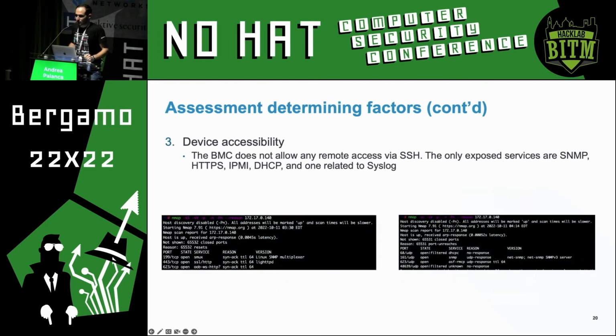The only exposed services are basically SNMP, HTTPS, IPMI, DHCP, and an unrecognized one which turned out to be systemd related. This means that either we proceed with a static analysis only, or we try to find an alternative way to dynamically debug the device, for instance, by reverse engineering the firmware and modifying it to add debugging functionalities. In this specific case, we decided to start with a static approach and then invest the time for a dynamic approach only if necessary.